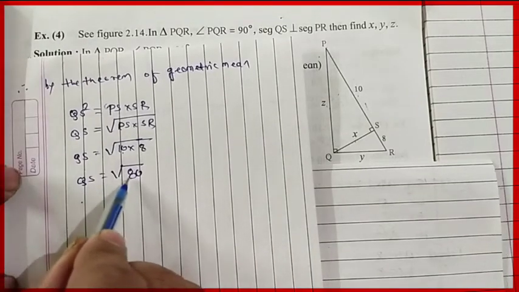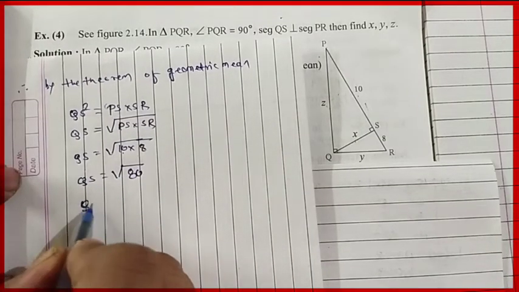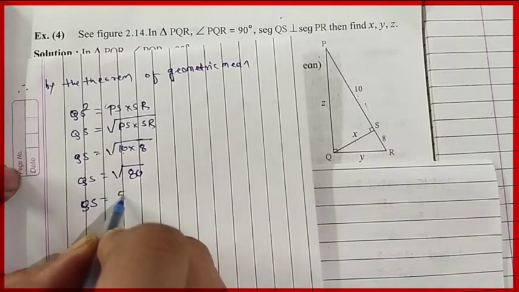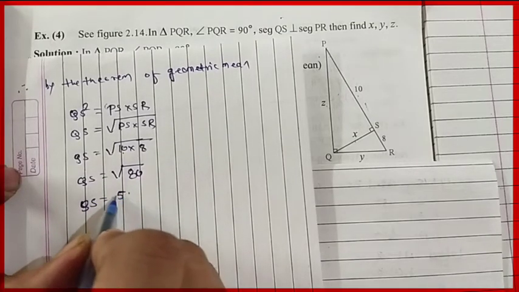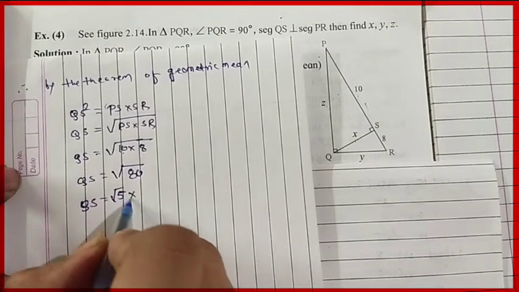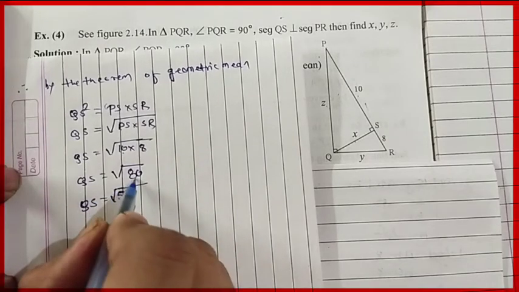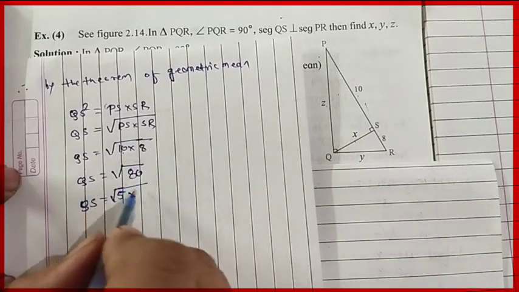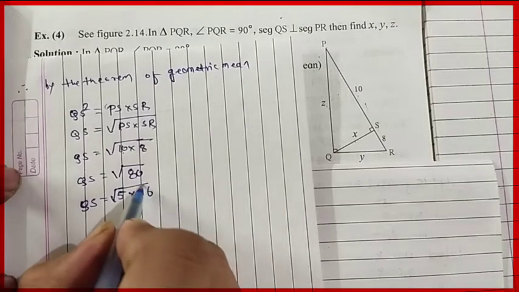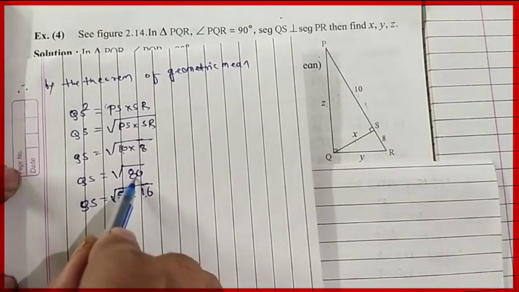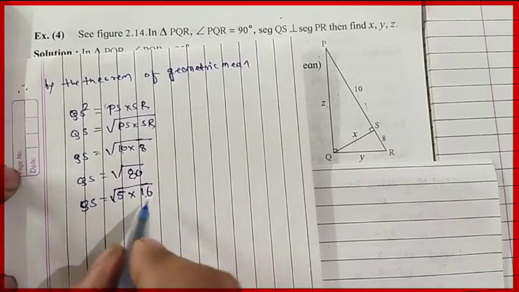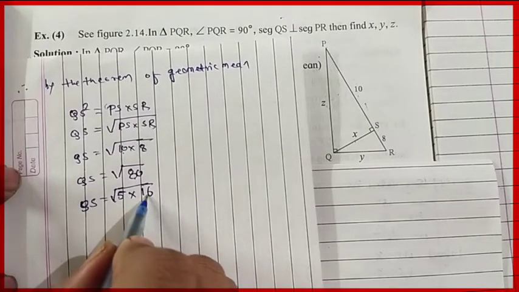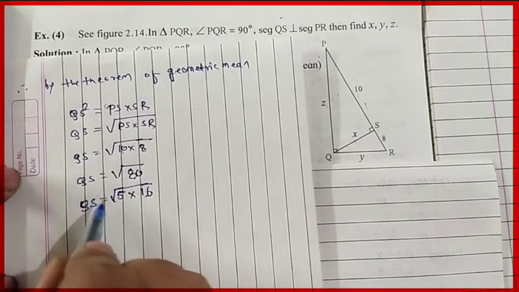So, the value of root 80, QS equals, it is root of 5 into 16. We can write 16 into 5 is 80. And this 16 is the square of 4. So, we can take 4 outside.